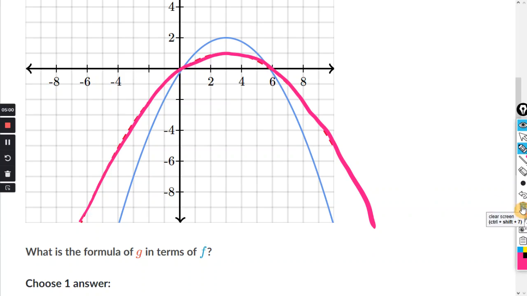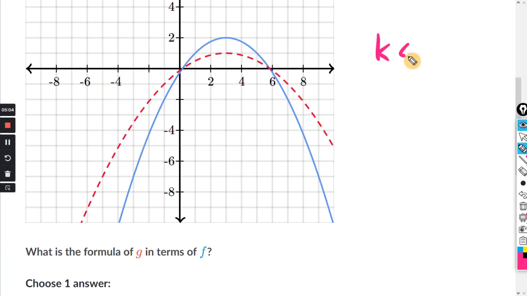Being that it's vertically compressed, k is going to be between 0 and 1. The only way it would be negative is if there were a reflection over the x-axis.